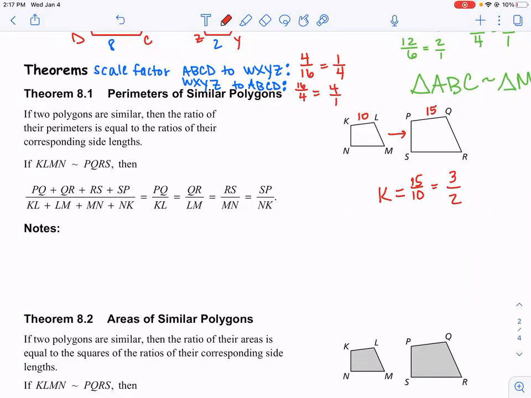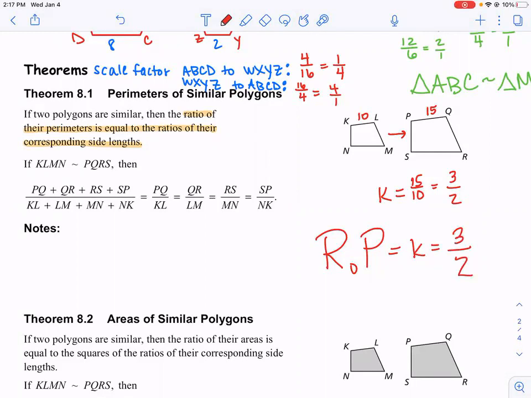Now, what this is saying is the ratio of the perimeter is equal to the ratio of their sides. So our scale factor is 3/2. So the ratio of our perimeter is also that scale factor of 3/2.